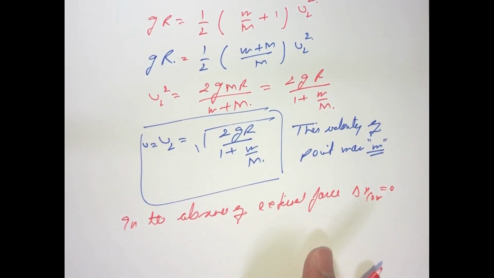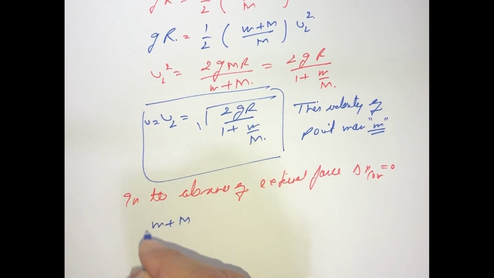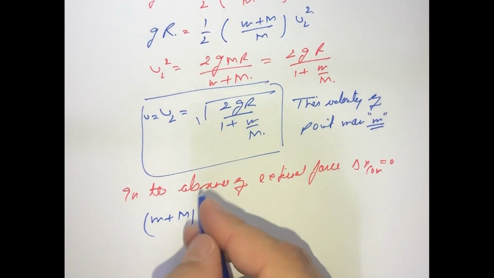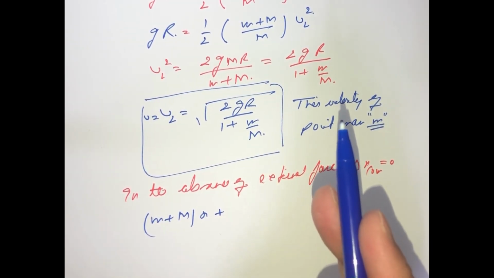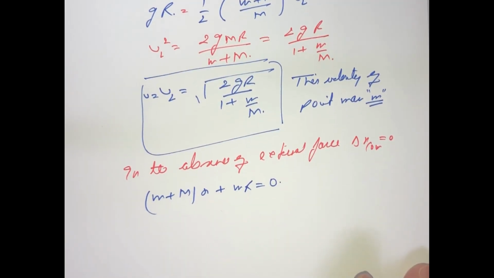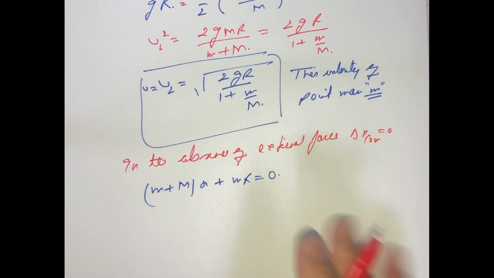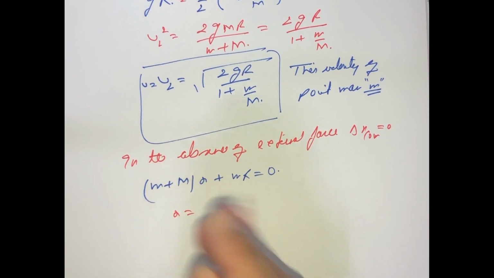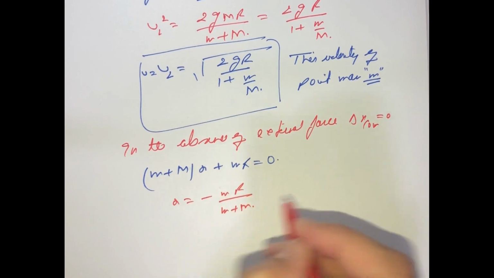And therefore we can write the equation that (m plus capital M) is moved by a distance of x, and the other, that is the distance, is r, and that is m r is equal to 0. So we solve it, and from here we can say that x is equal to minus m r divided by m plus capital M.